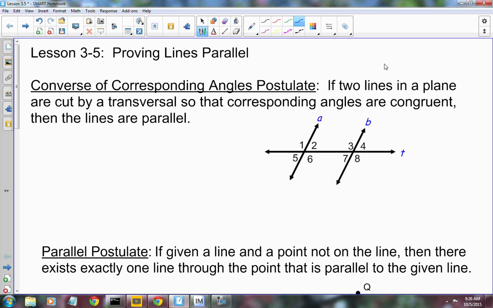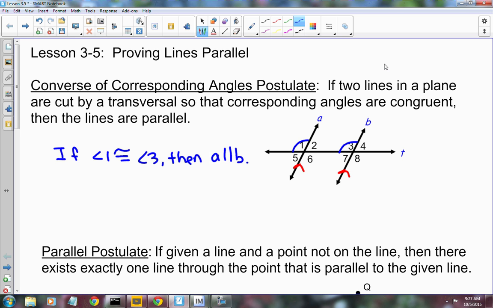All right, so give me a pair of corresponding angles. Okay, 1 and 3. If I can show that angle 1 and angle 3 are congruent, then that's enough to prove that line A is parallel to line B. So if angle 1 is congruent to angle 3, then A is parallel to B. And this is the converse of the corresponding angles postulate.